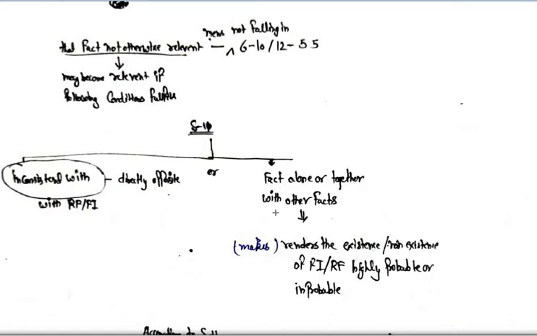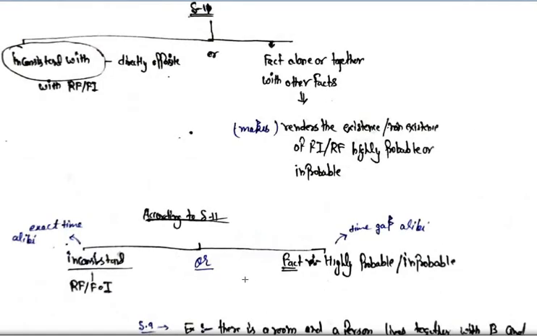Then on the other side they are saying that if the fact renders the fact in issue का existence या relevant fact का existence highly probable या improbable, so in that case also the fact may be relevant.